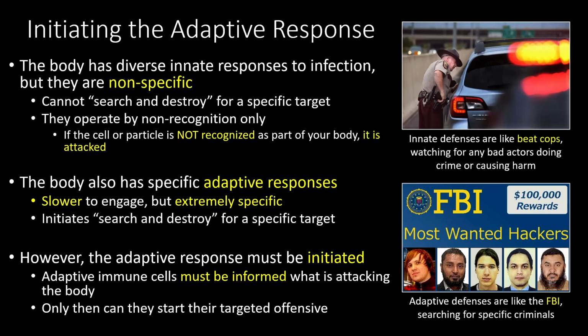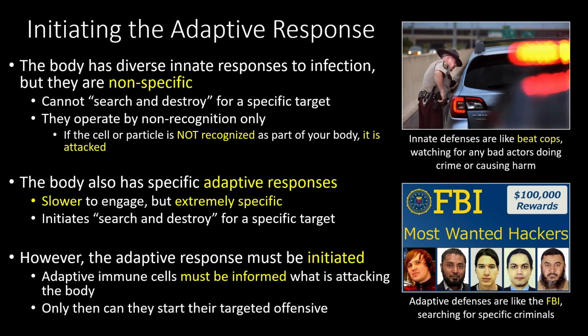There's a bunch of issues with this method. It's not as effective sometimes as a very targeted search, and there are more effective, more fast-acting defenses and a more coordinated effort that is sort of locked behind our adaptive response.